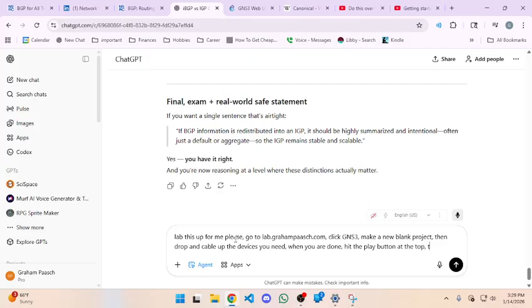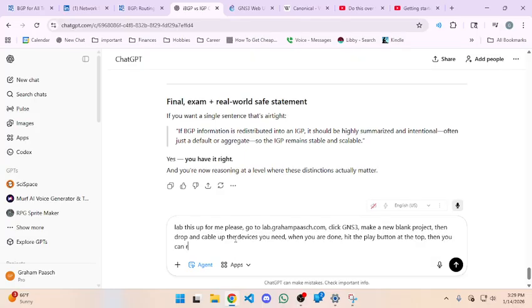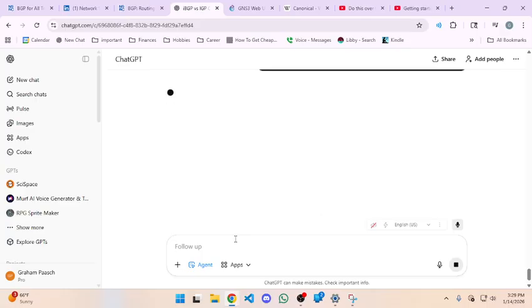Then you can right-click on each device to pull up a console on it and configure them. Boom. This is so cool.